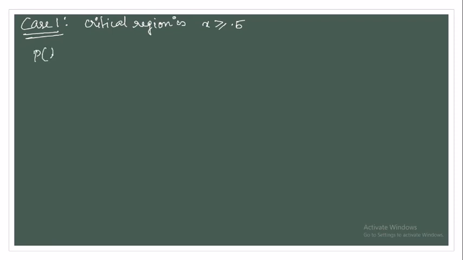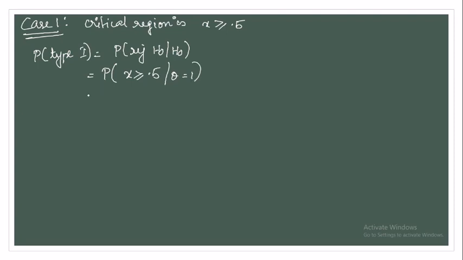So what is probability of type 1 error? Let's have a look. It's equal to what? Probability of rejecting H naught given H naught, which is equal to probability of, what is rejecting H naught here, x greater than or equal to 0.5 given, what is the H naught in this case, theta is equal to 1, right? So how will you convert this into an integral form?